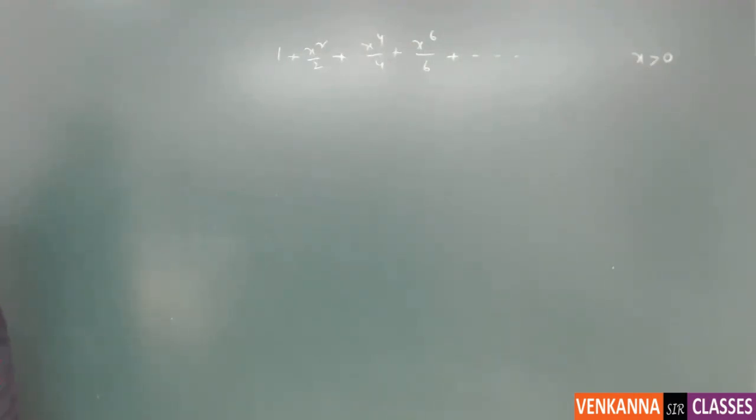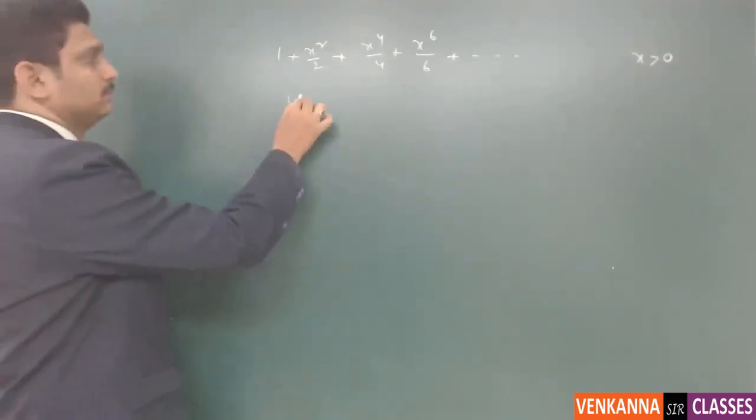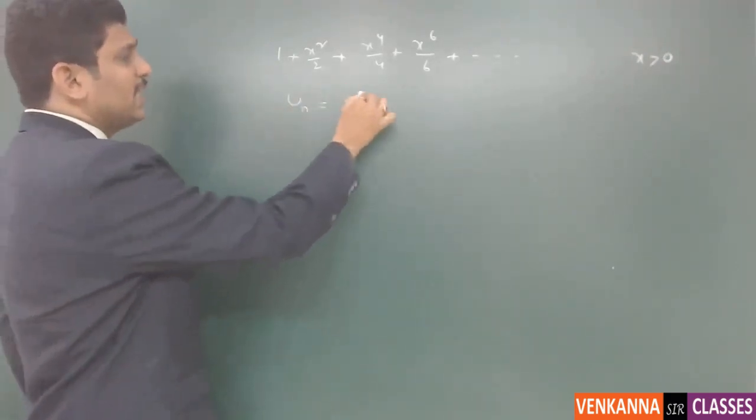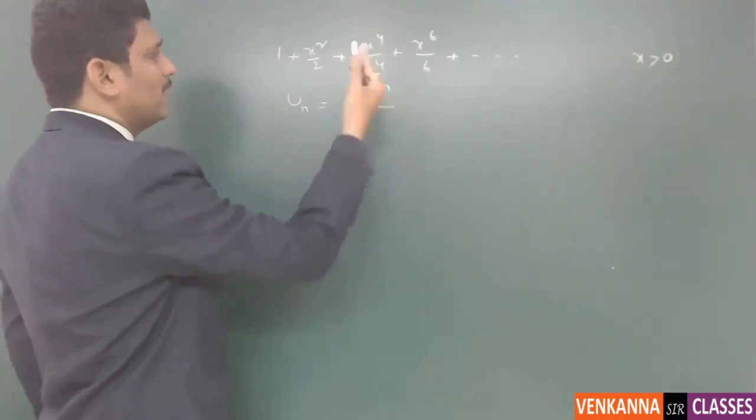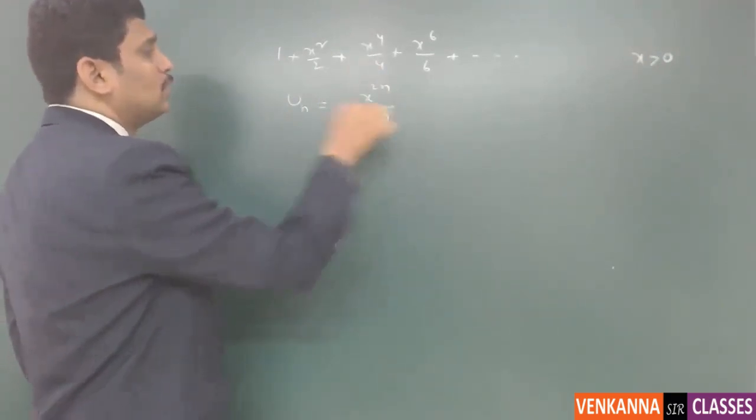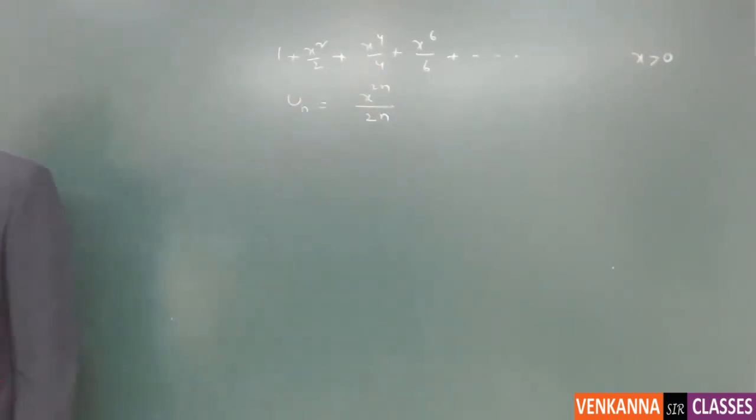Right. So if you write the term un, can we write it as x power 2n by 2n? Will it give the whole series starting n is equal to 1, 2, 3, so on? Yes or no?